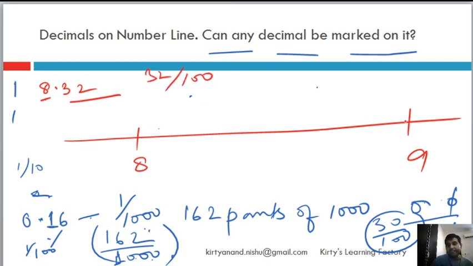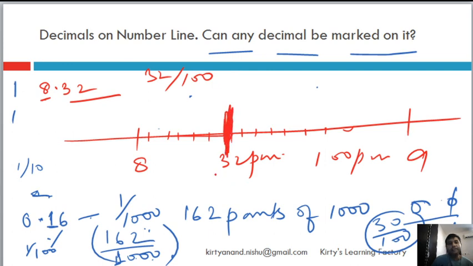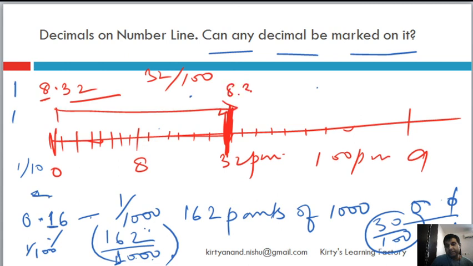So after 8, we divide this into 100 parts, and then we count the 32nd part. Let's say this is the 32nd. I know this is not the right representation, I've just magnified this part. So this number is 8.32.